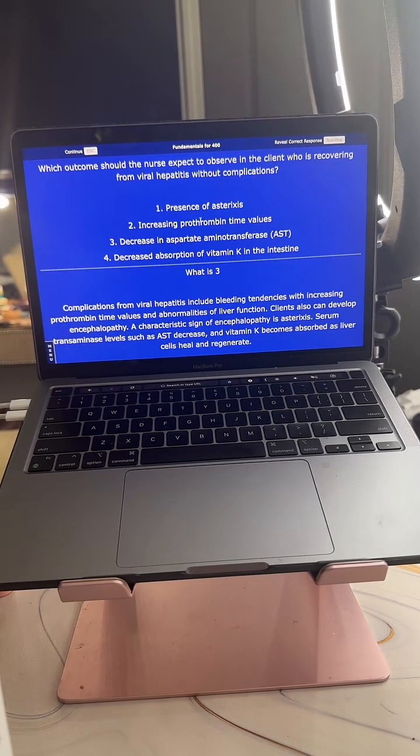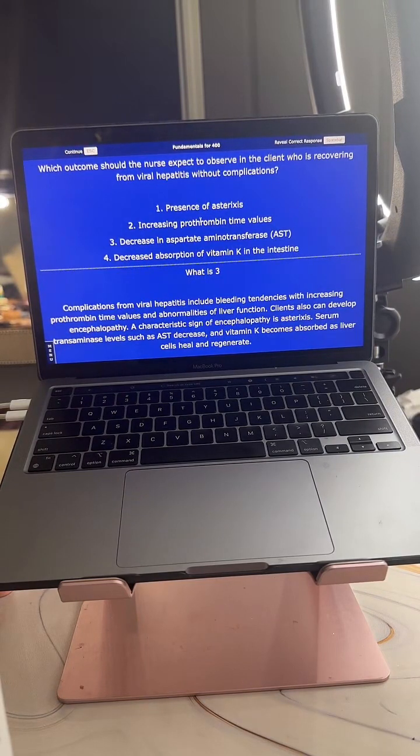Now it says complications from viral hepatitis include bleeding tendencies with increasing prothrombin values, and abnormalities of liver function. Liver function tests or liver function enzymes are a good indicator of the liver function, and those liver function tests include AST and what else?